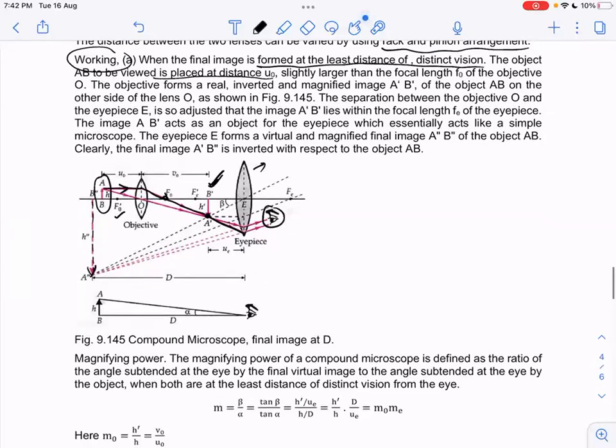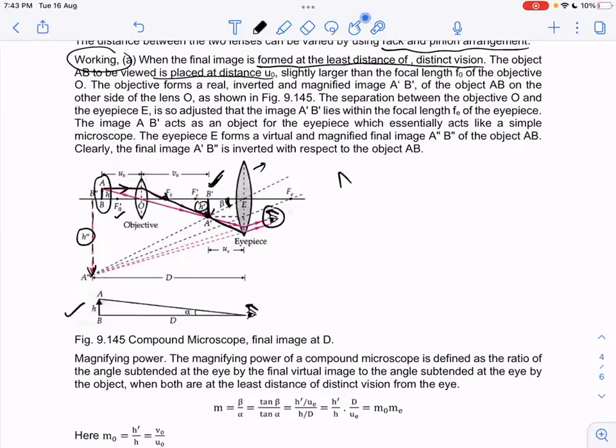Now, if this is the height of the object h, then this will be the height of the first image, which I'll call h dash, and the height of the final image will be h double dash. Without the help of an optical instrument, the object subtends an angle alpha at the eye, and with the help of an optical instrument, it subtends an angle beta at the eyepiece.